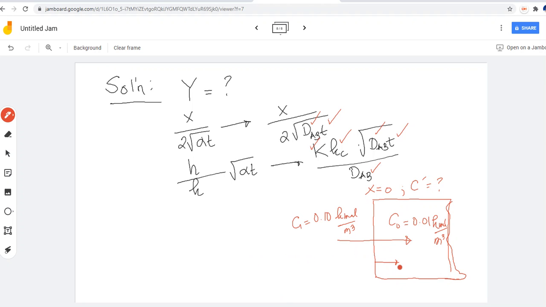So let's say this is your x. So I'll say here x prime equal to 0, C prime, because we're starting our diffusion from the surface. And since I have labeled this as x prime and C prime, I will label this as x double prime, and this concentration will be C double prime. Okay, so these are our labeling.